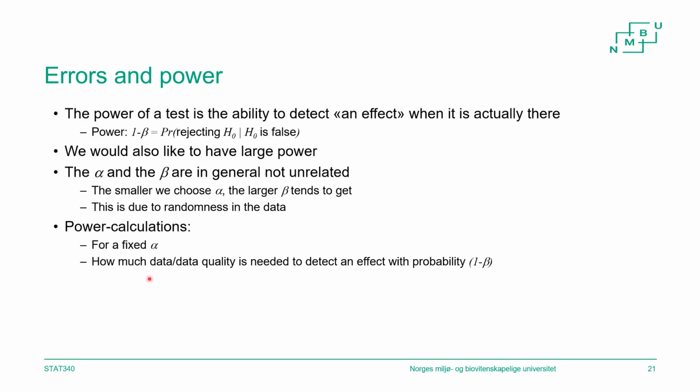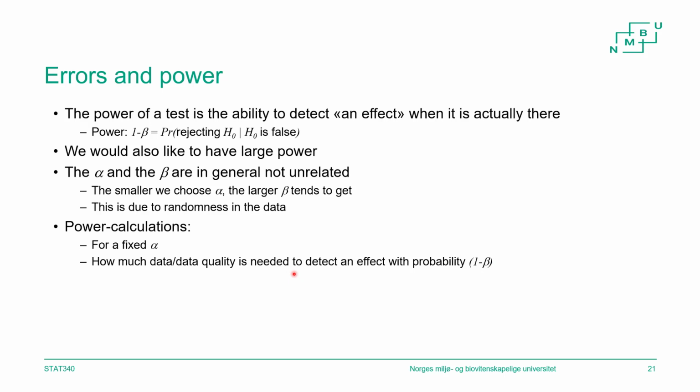And this can sometimes be very valuable, right? If you're going to make some experiment, you fix the alpha, let's say at 5%, 0.05. This is your tolerance for type 1 error, right? How much data do I need with this alpha to get a power of, let's say, 90%, 0.9 here?